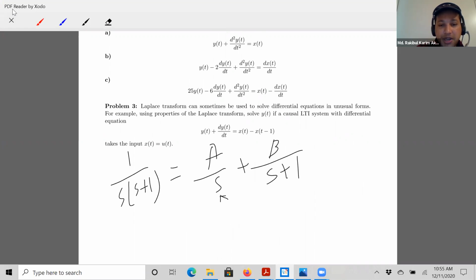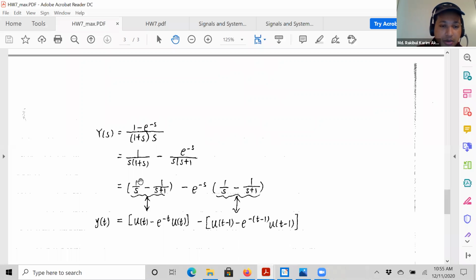After that, you find out what a and b are, and that gives a is 1, b is minus 1. That's what you are getting here. From this part, it is also the same, right? This is 1 by s into 1 plus s. Here, though there is e to the power minus s multiplied, you can take it outside. Then this part and this part are both the same.